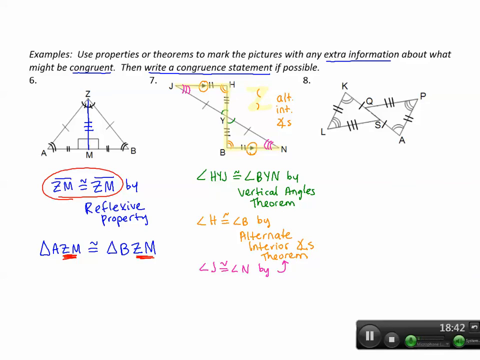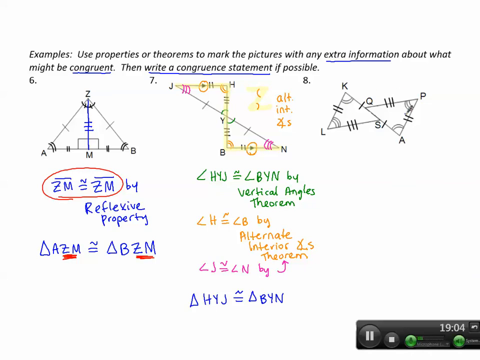Finally, now that I have everything marked, I can say that triangle HYJ is congruent to triangle BYN. Make sure I match up the corresponding parts. H goes with B because they have the same marks, Y goes with Y because they have the same marks, and J goes with N because they have the same marks.